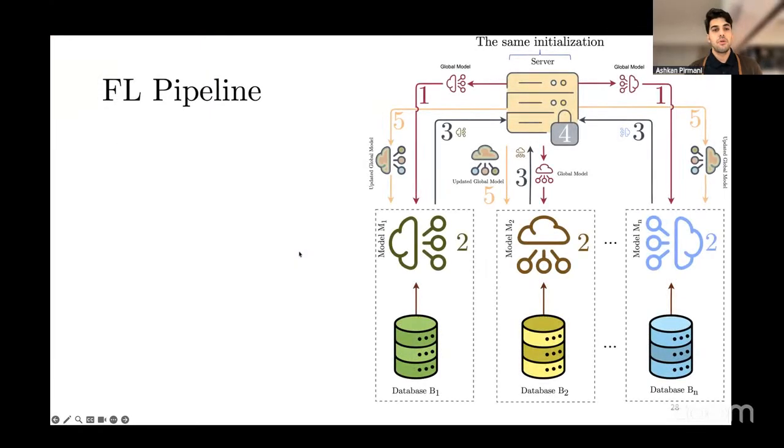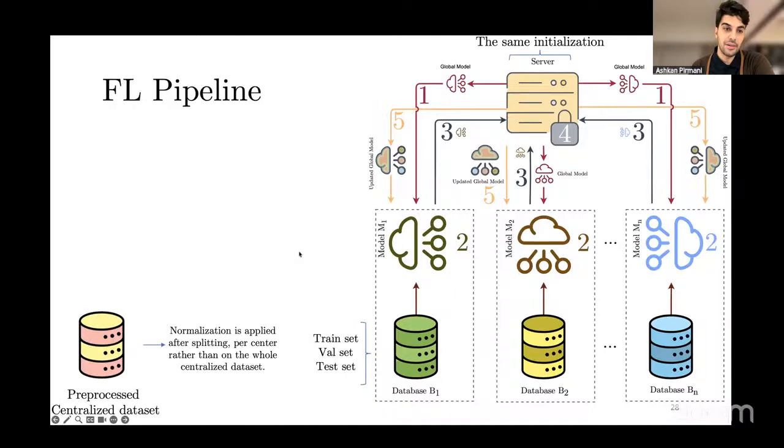To give you more information about the pipeline that we used, the data was partitioned, and then locally we split it into train, validation, and test sets. I mentioned that we used the pre-processed data, but we made one slight change.